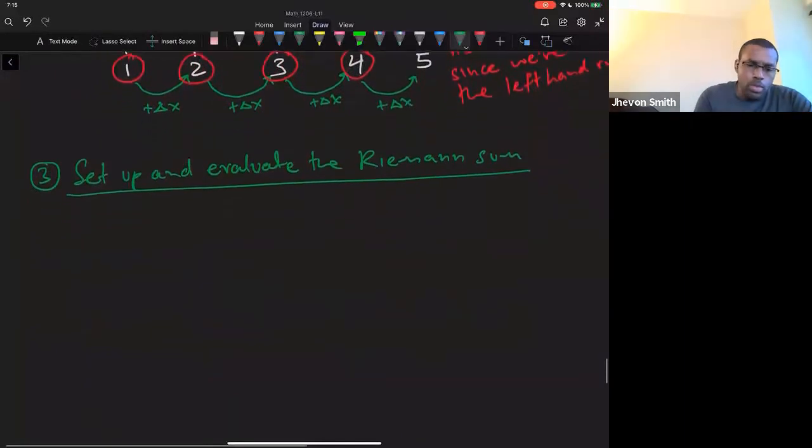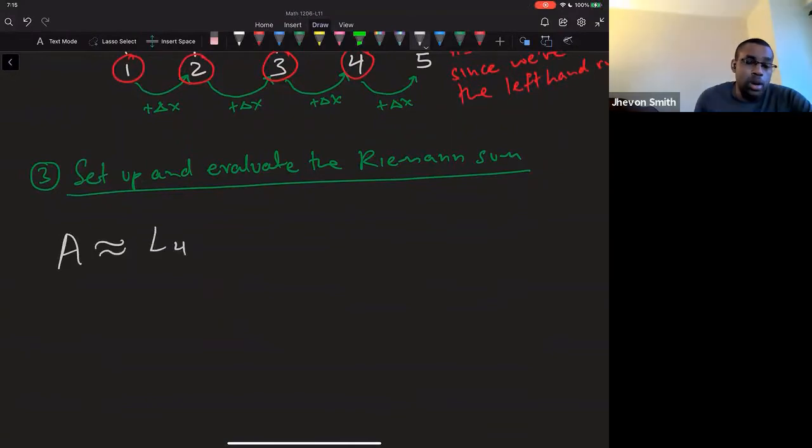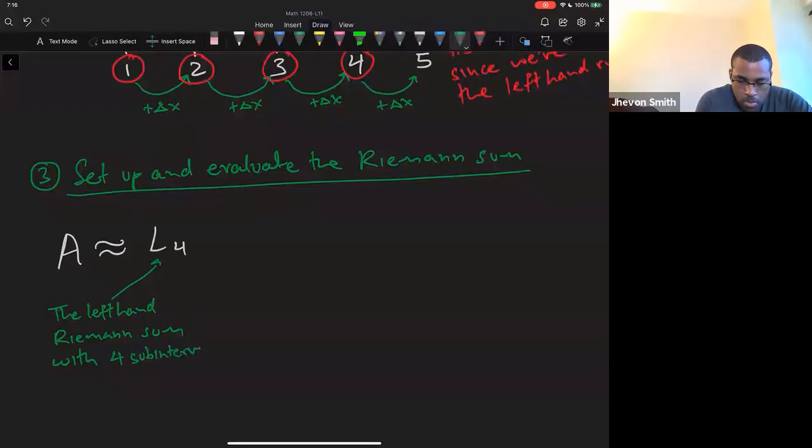Okay. So what we're going to do here is we know that the area is going to be approximately equal to the L4. This is the left-hand approximation. Also known as the left-hand approximation.